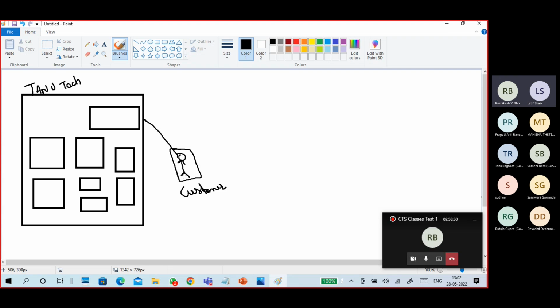I'm the customer, I'm taking the service. Now, for example, the service stops functioning. What to do? Generally, if a service stops working, we call the service center, right?